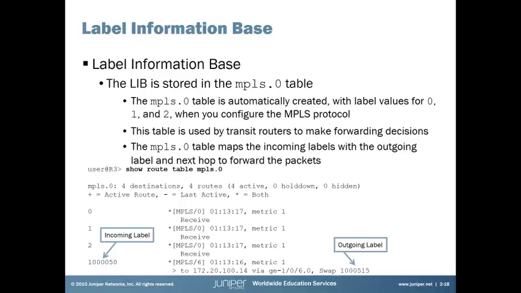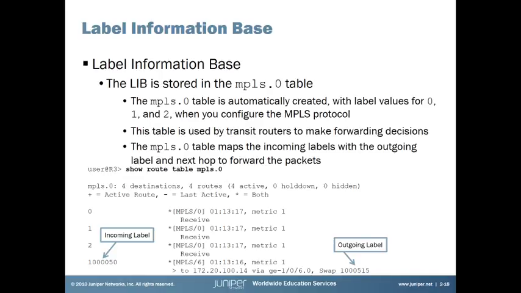So basically what we're saying is forward this packet out of GE1006.0, and there's also a swap instruction which says swap 100515. So when this router receives a packet with a label value of 100050, it will do two things.